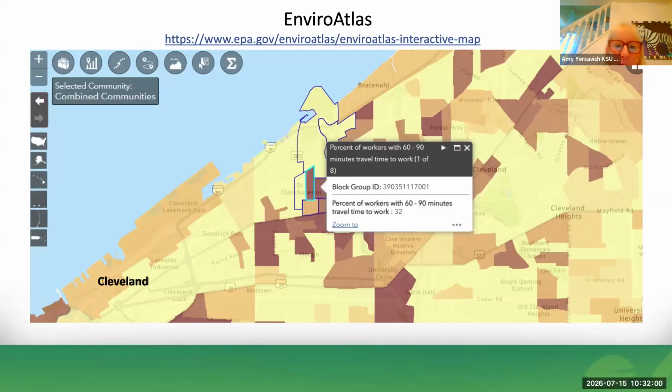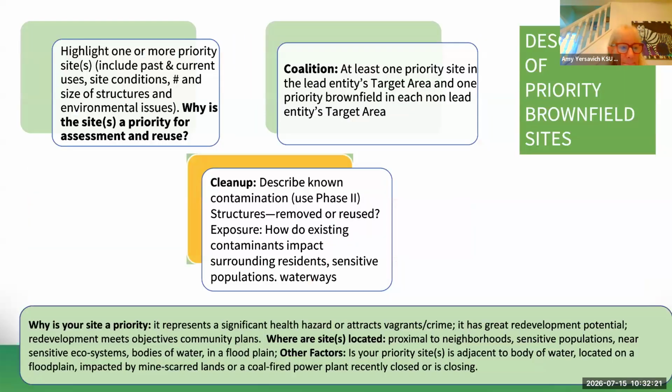They may be going out to the suburbs to find better paying work, and that can be a real problem. If you're looking at helping transportation access, that might be a good one. There's a lot of other data, like food access and different things like that, on EnviroAtlas. So I highly encourage you to look at that.